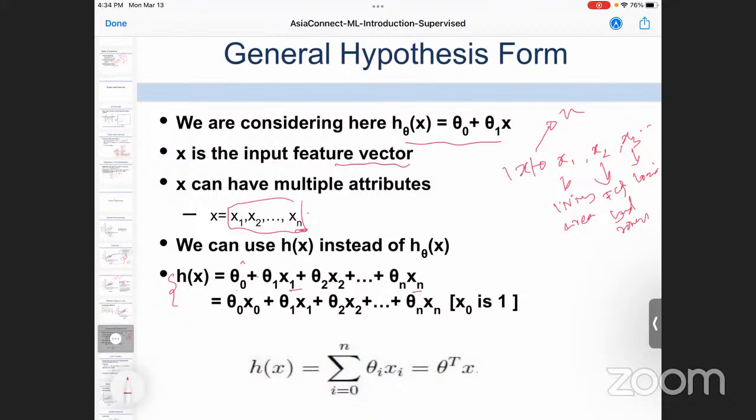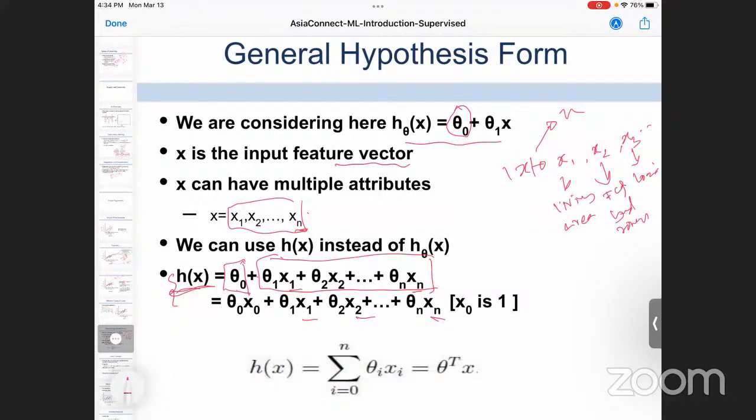Then this function should be the linear combination of these features. And we have another term here, theta 0. This is basically the base, or intercept, or bias. So here we add theta 0. We need to add bias here.